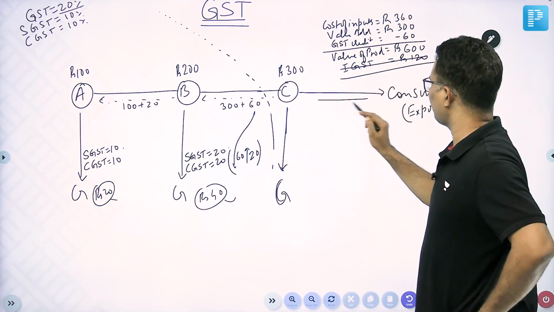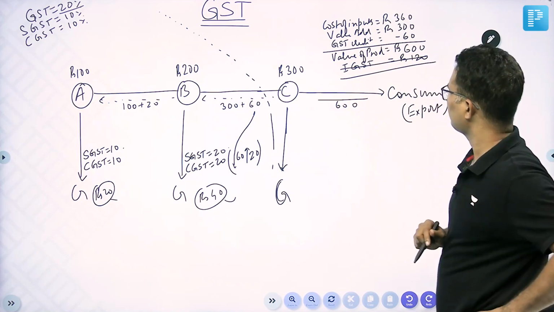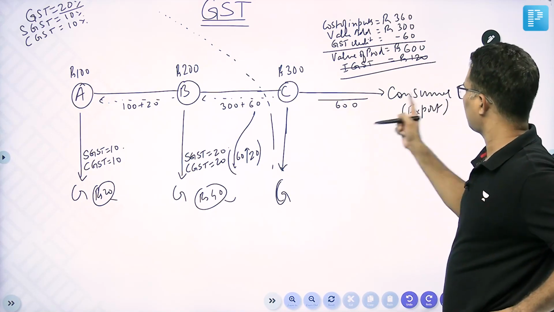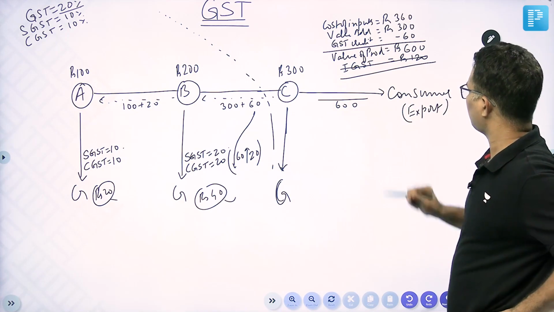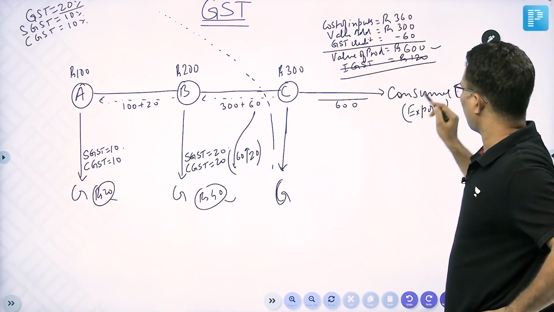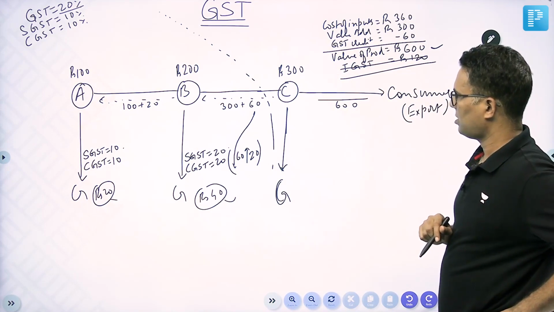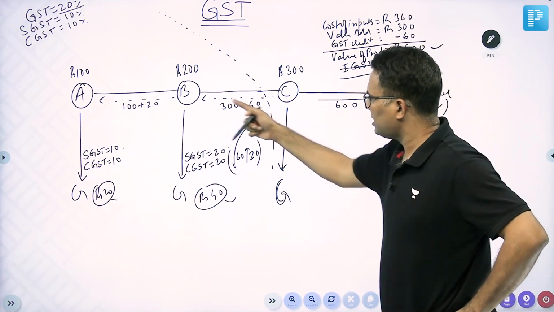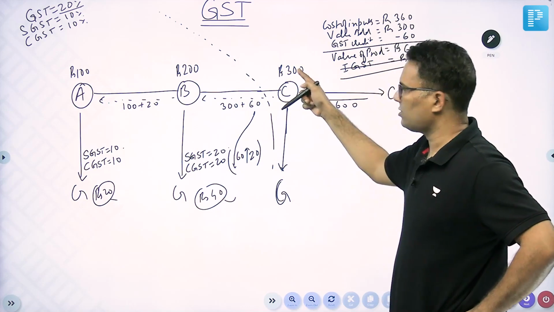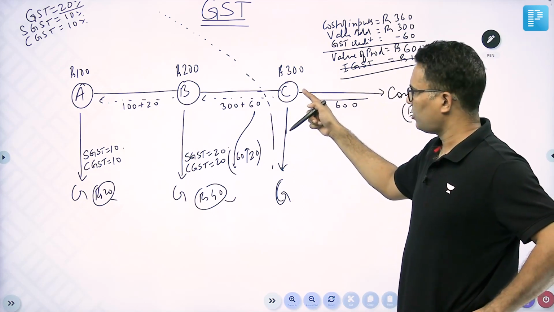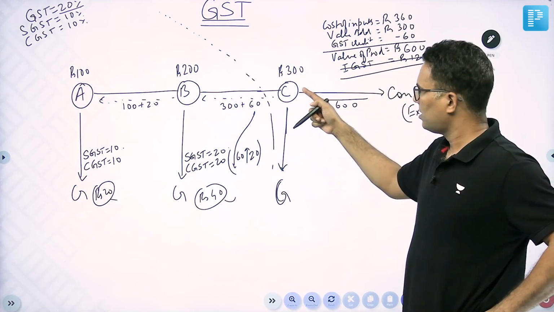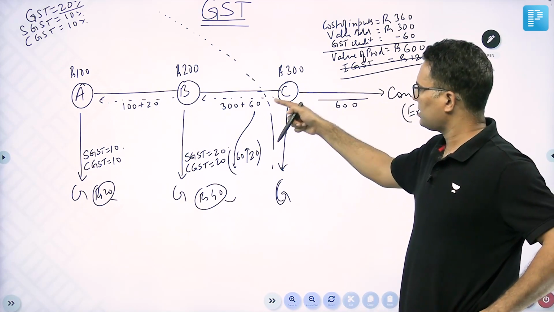At what price will C sell? 600 to the consumer. C will export at 600 rupees. But C has paid 60. So C has paid 300 plus 60, and for his work he wants 300. So effectively C wants 300 plus 60.